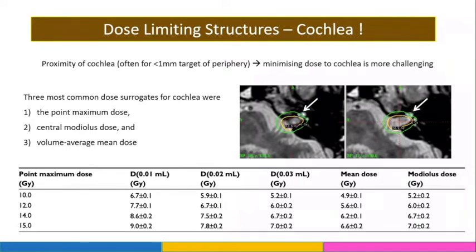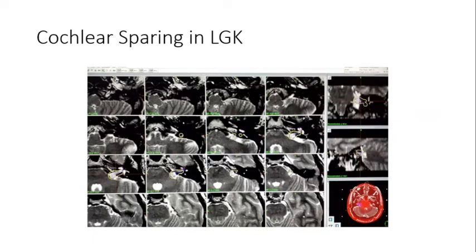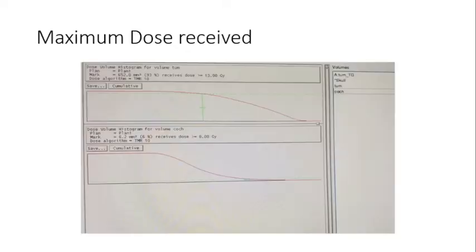So the cochlea becomes one of the important dose limiting structures in patients with serviceable hearing. You can see beautifully on a T2 weighted image and on CT images that the cochlea shows quite well, and you should be able to control the dose over there.